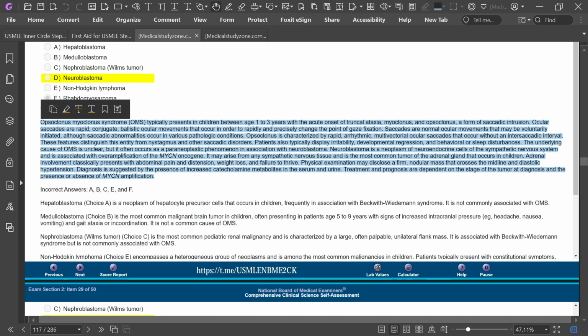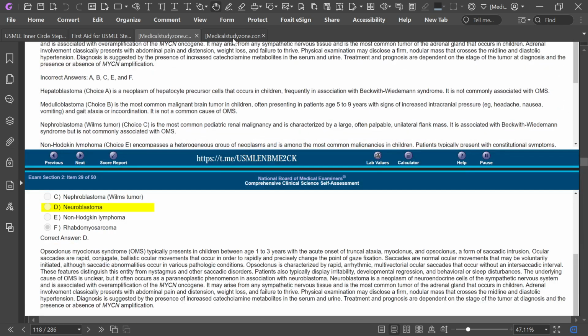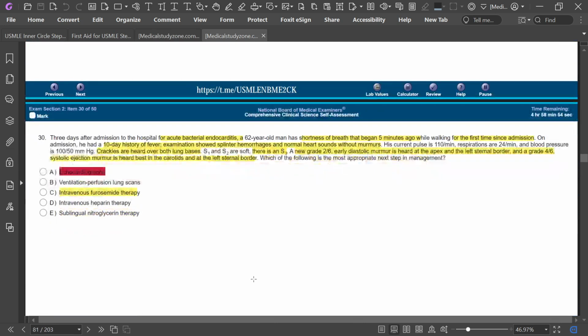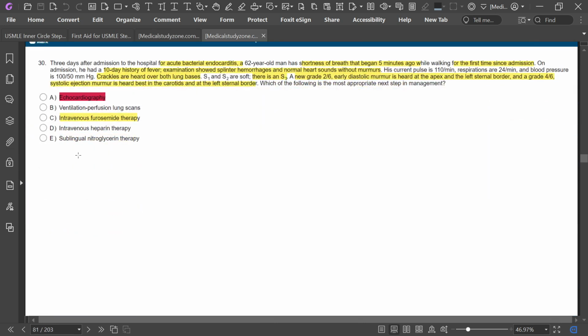Crackles are heard over both lungs. S1 and S2 are soft, and there is an S3. A new grade 2 out of 6 early diastolic murmur is heard at the apex and the left sternal border, and a grade 4 out of 6 systolic ejection murmur is heard best in the carotids and at the left sternal border. Which of the following is the most appropriate next step?